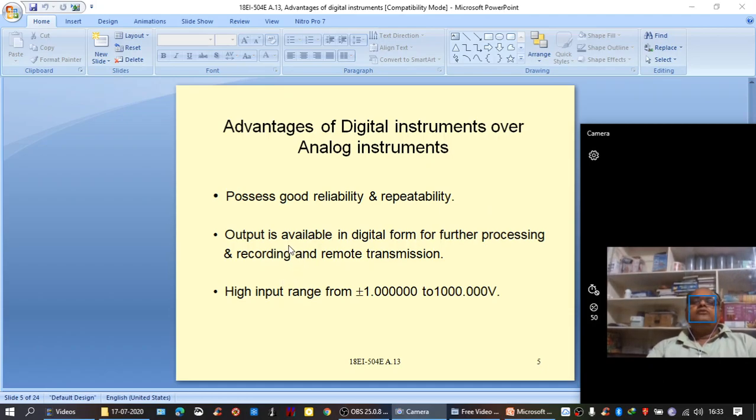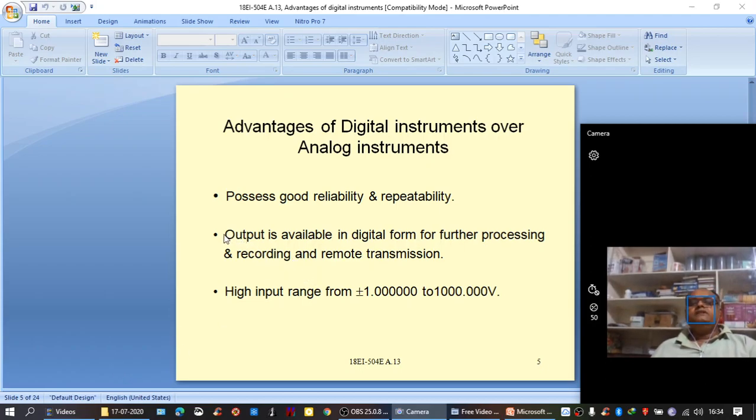Next, output is available in digital form for further processing, recording and remote transmission. So here the output can be taken out in digital form and given to another unit, a processing unit, or it can be recorded on a memory unit for later use, or it can be transmitted to another place by using coding techniques.